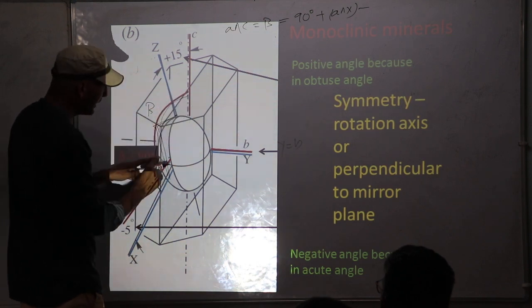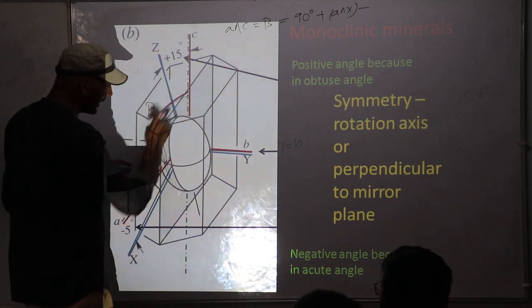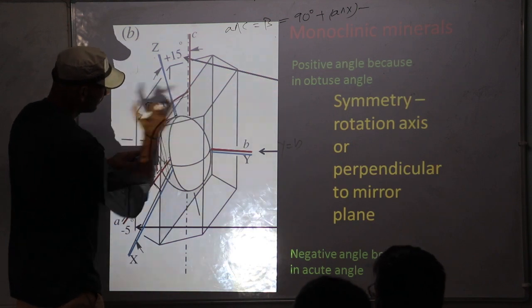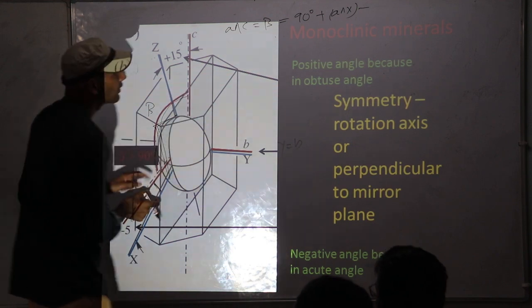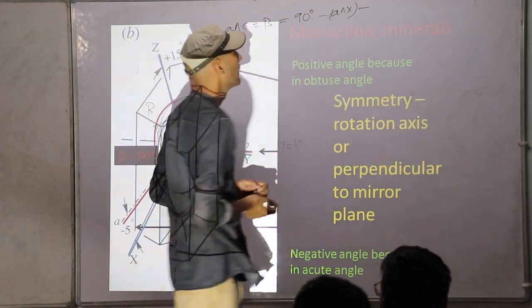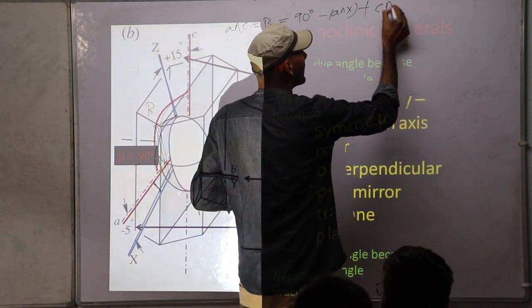Sorry, I am calculating beta. So 90 degree plus this one minus this one. I have made a mistake here. It should be minus, and it should be plus C angle Z.